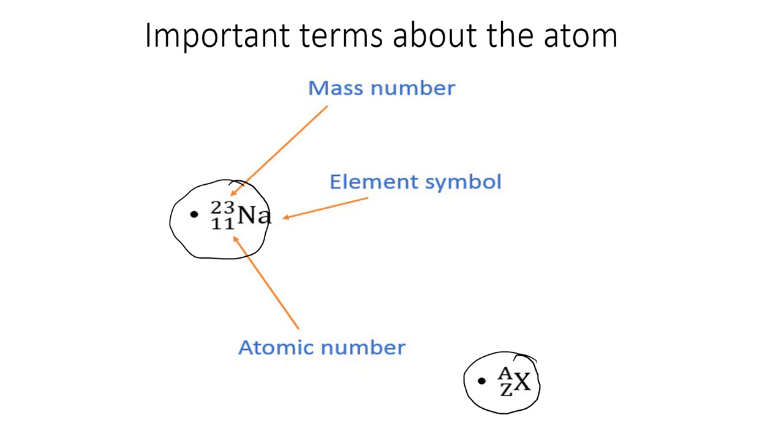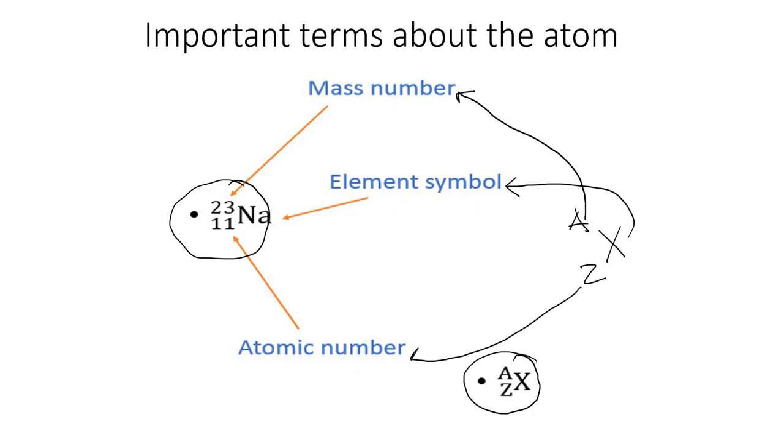So X, A, and Z. This one, the X, is element symbol. A is the mass number, and Z is the atomic number. So I'll be asking you to draw an AZX of a specific atom or something like that. Let's move on.